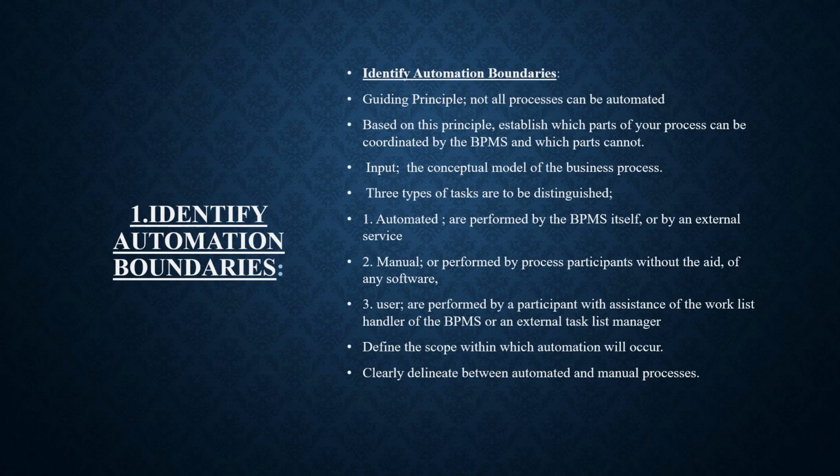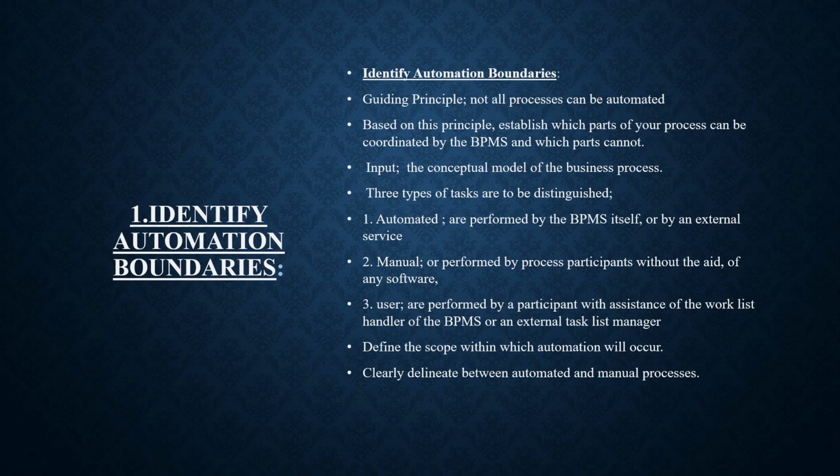This slide describes identifying automation boundaries. A conceptual process model does not describe how each task should be implemented, depending on its nature. A task may not easily be implemented automatically, or it may not be possible to implement it at all via a BPMS. So the guiding principle is that not all processes can be automated. Based on this principle, establish which parts of your process can be coordinated by the BPMS and which parts cannot.